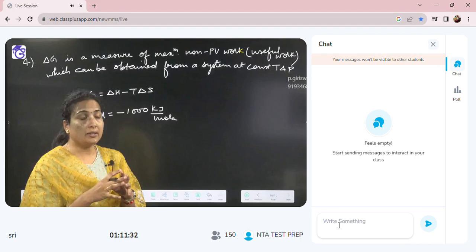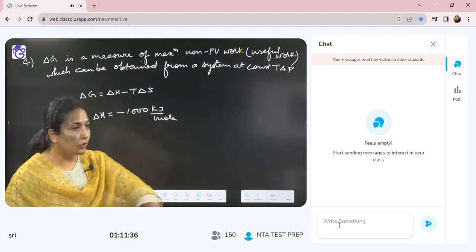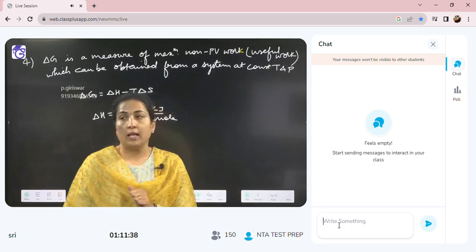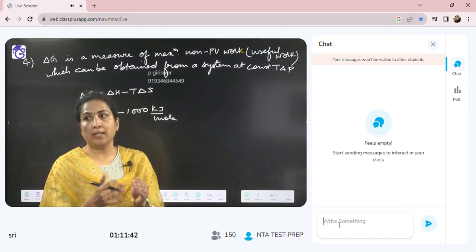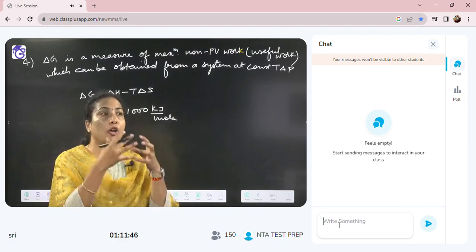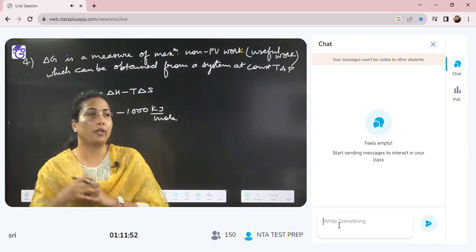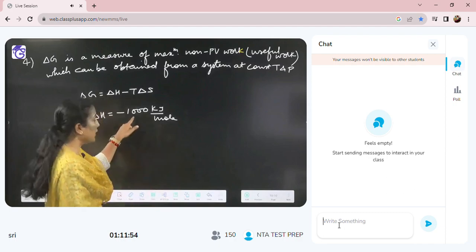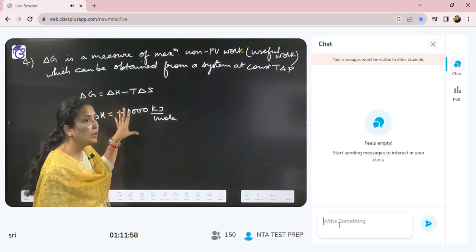Now the thing is, this entire 1000 kilojoule is not being utilized in moving your vehicle, first of all. Only some portion of this delta H is actually free for doing the useful work, that means for moving your vehicle. Are you able to understand? Not the entire 1000 kilojoule is available for doing useful work.